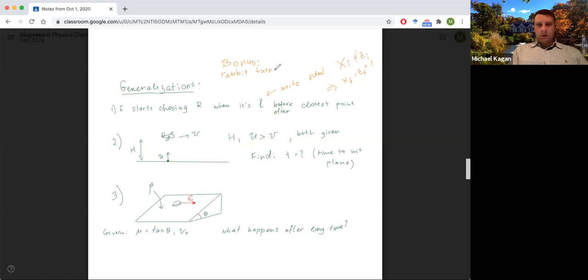So he only turns once, okay? Turns by angle alpha. Okay? So given the alpha, find the final distance.